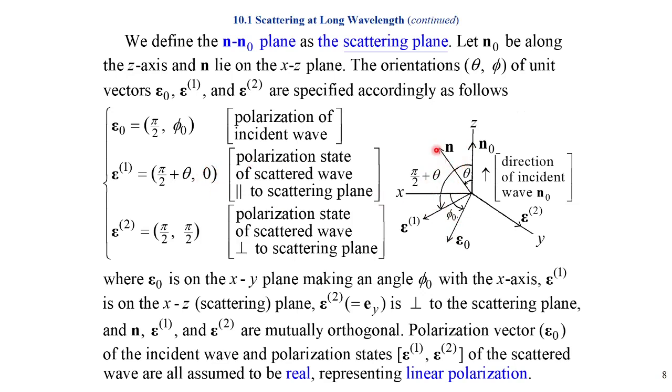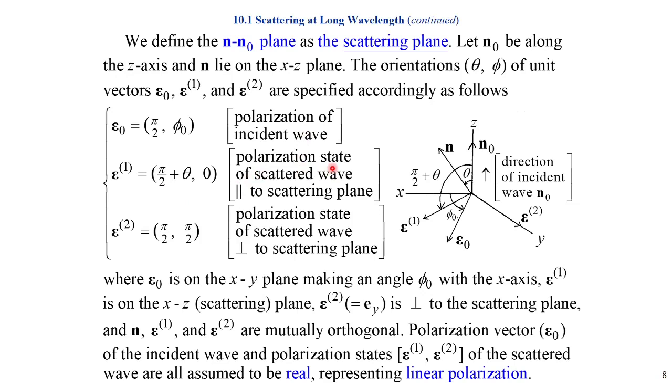And because epsilon 1 is perpendicular to n, the angle between this one and this one must be pi over 2, pi over 2 plus theta. This n is lying at the angle theta. By doing so, we can define the first one as the polarization of the incident wave, and the polarization state of the scattered wave.